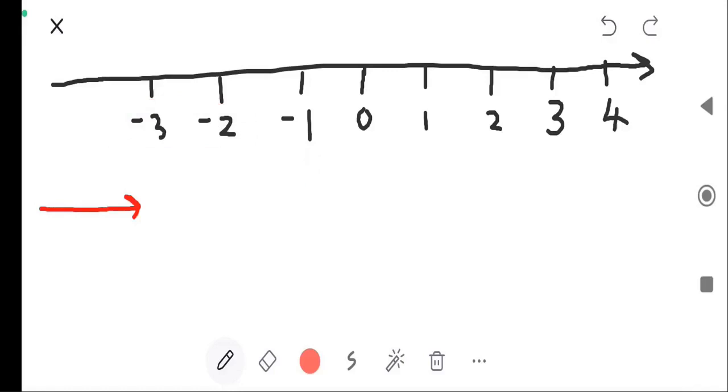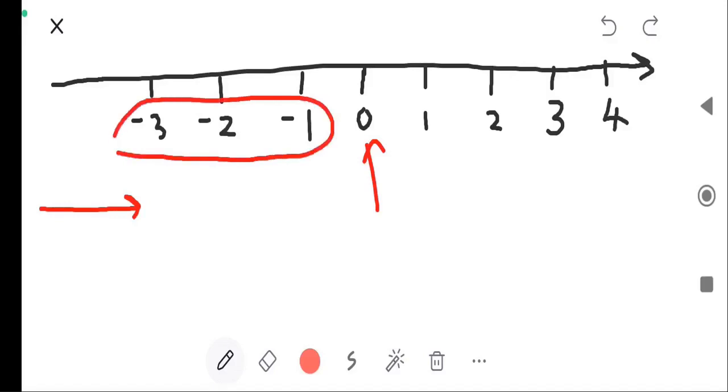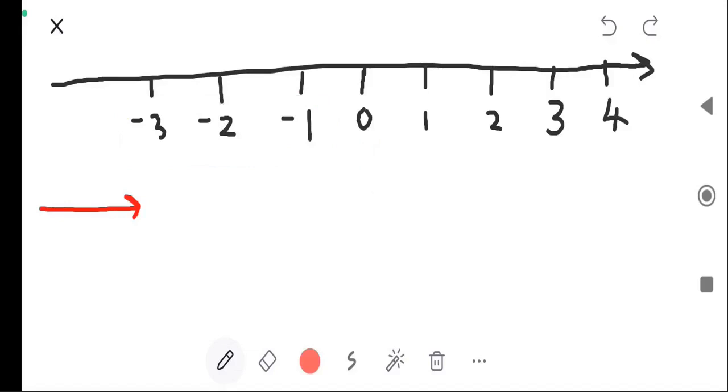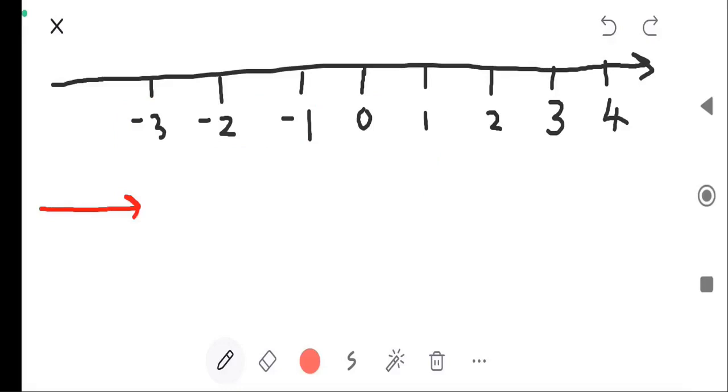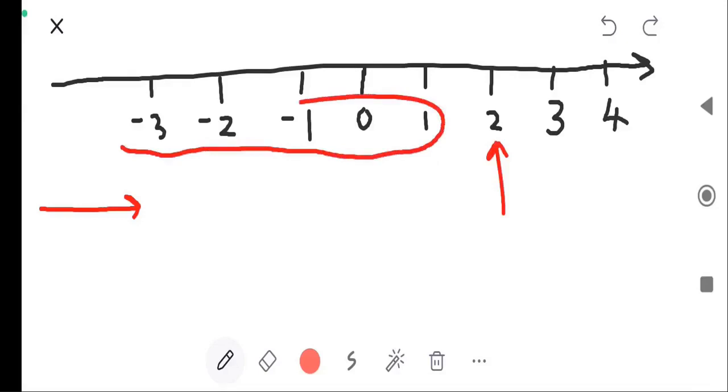Then 0 is greater than these three integers because 0 comes after the three of them as you move towards the right. 1 is greater than these four integers because 1 comes after the four of them as you move towards the right. Then 2 is greater than all these integers because 2 comes after all of them.